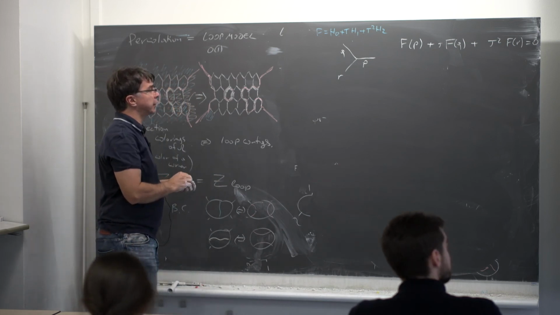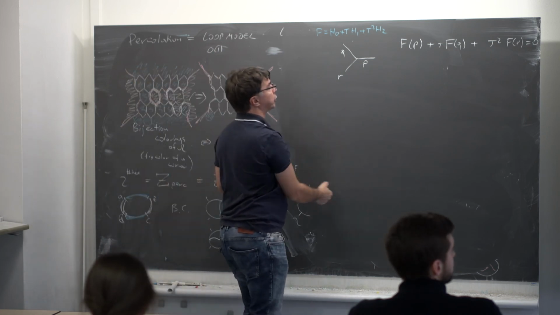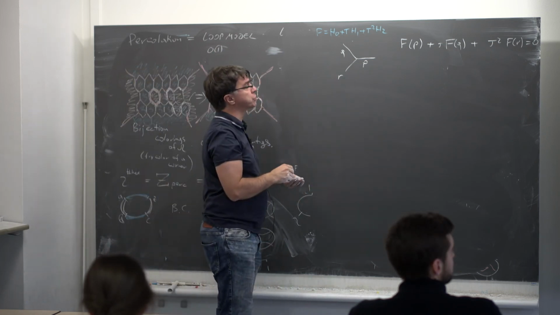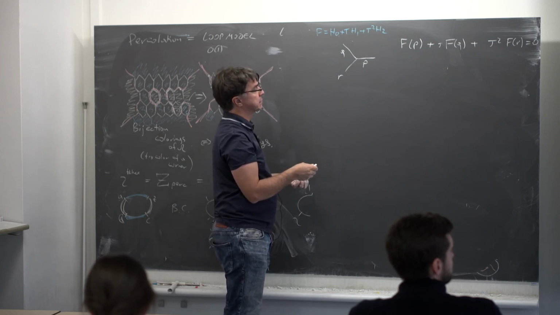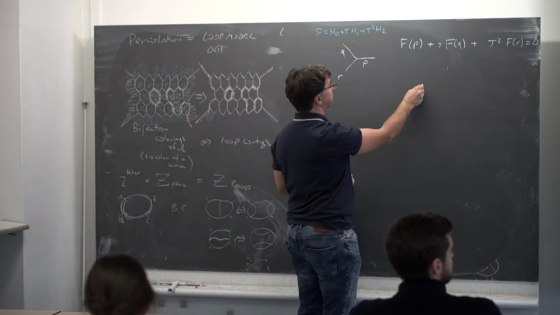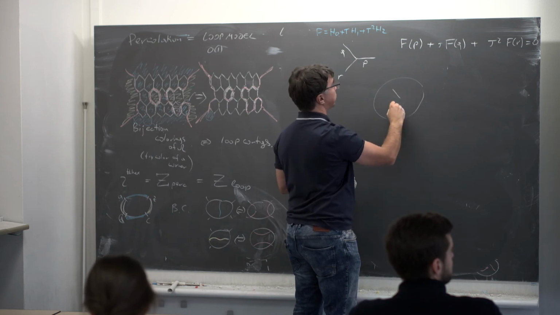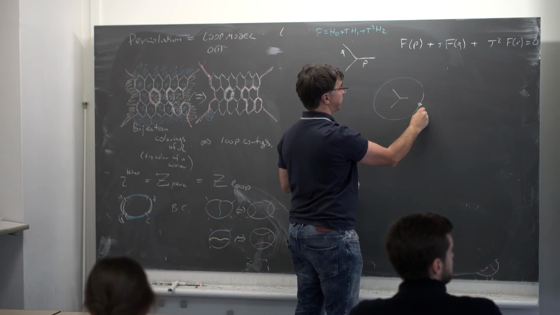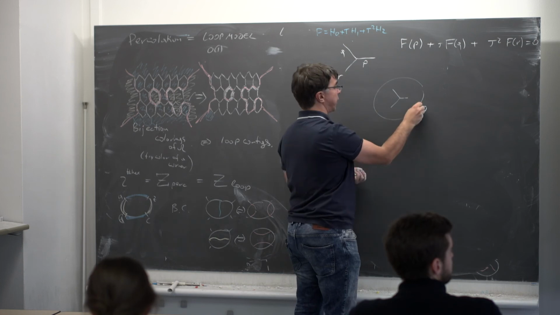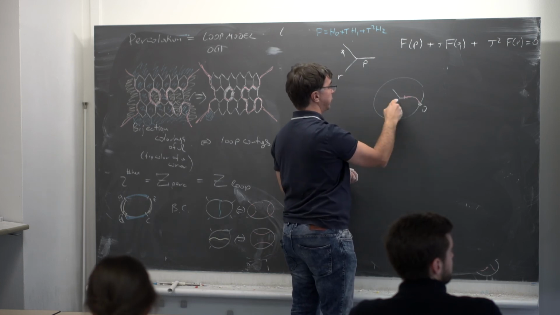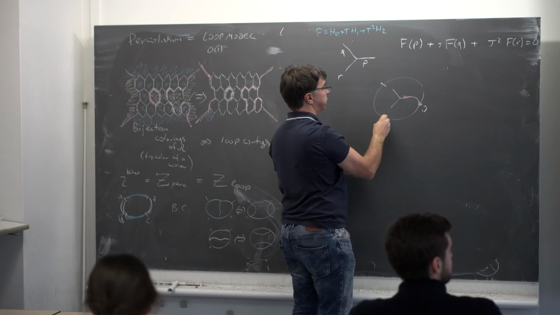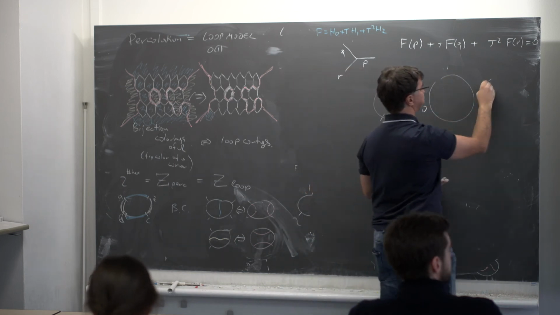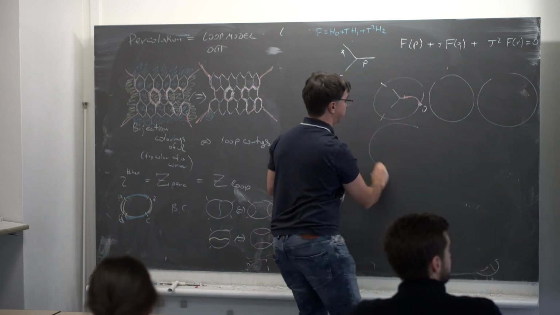Now let's have a look at what kind of possible contributions we have to this picture. There are different kinds of contributions. So for example, say from point 0 we arrive at this edge and there is nothing here.